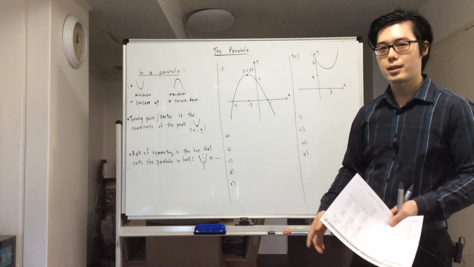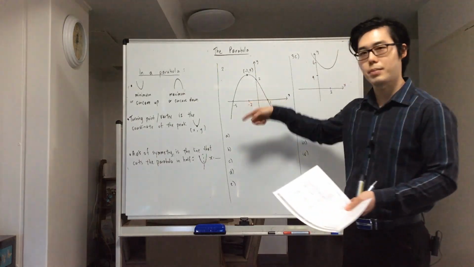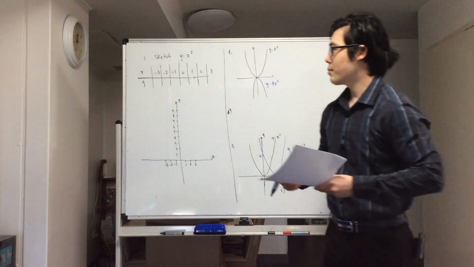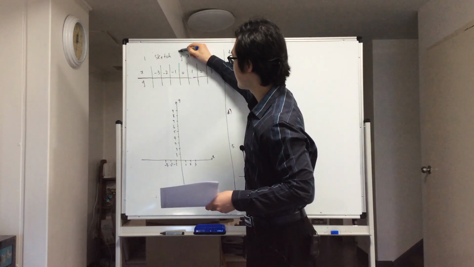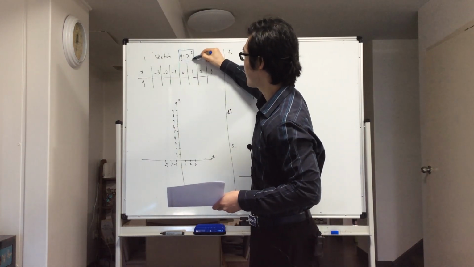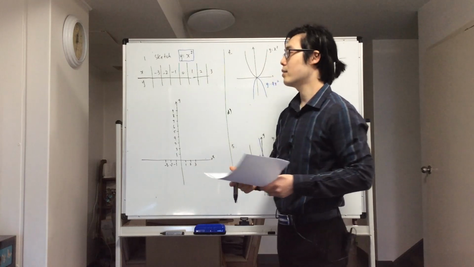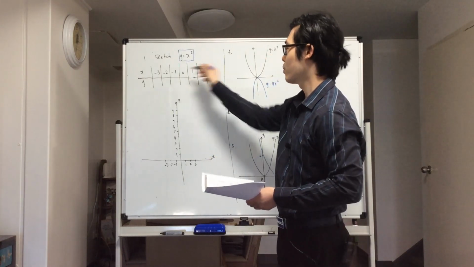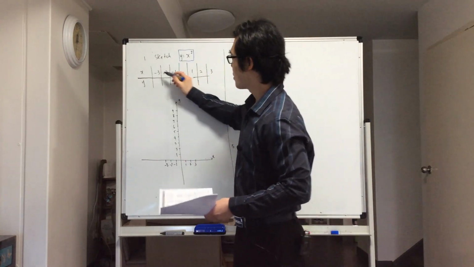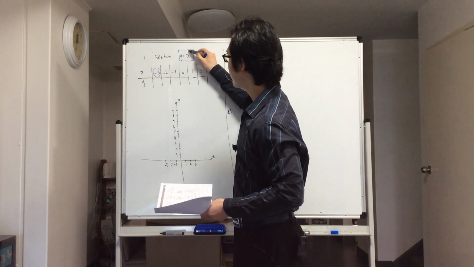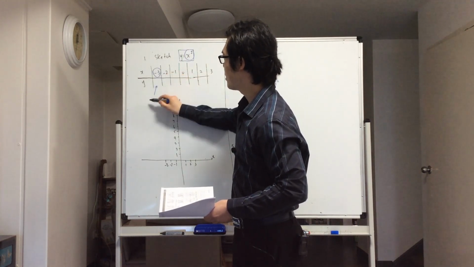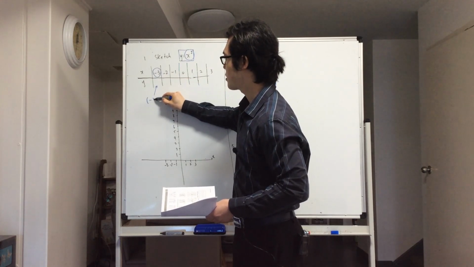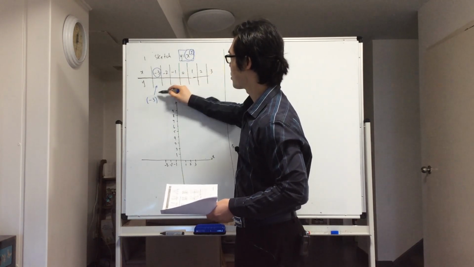Before we get into all those details, let's have a look at why a parabola looks like that. We're gonna look at why a parabola looks like that by filling in the table, okay? And let's use that equation, and then let's find out the y values when you have these x values, okay? So when x is equal to minus 3, if I put it in here, now you need to keep in mind when you have a negative number, you have to put it in a bracket like this, and then put the square on top, okay?